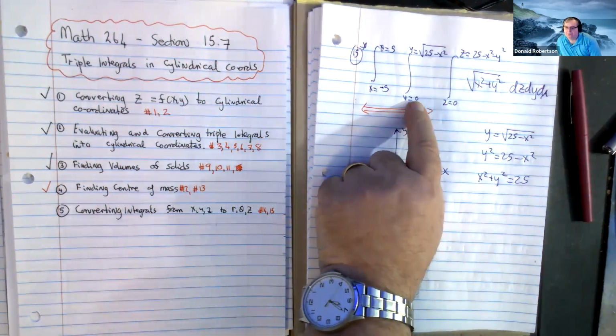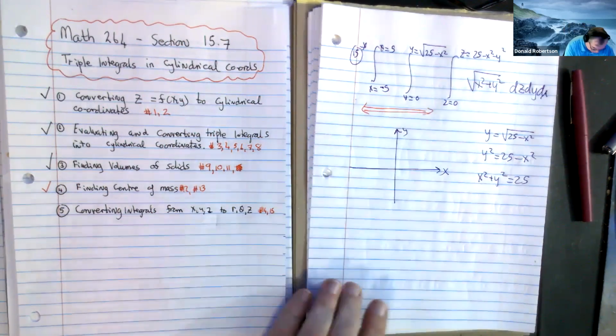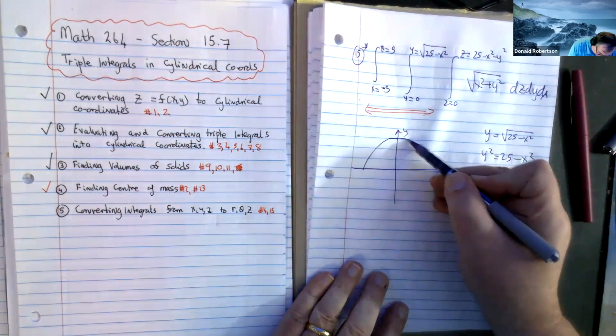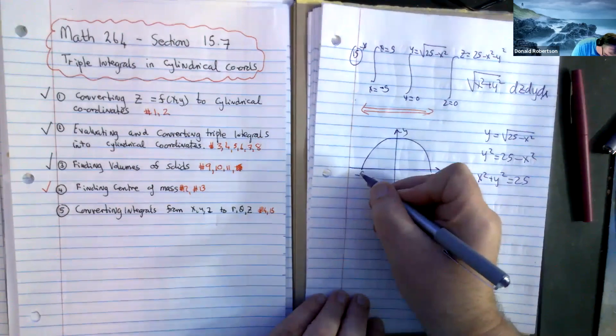Oh, wait a minute. The other side isn't minus that square root, isn't it 0? So I don't get a whole circle. Don't I only get a circle that has a positive y in it? I get the half on the top. Does that make sense? Now, does it match these guys? Yes, it does.